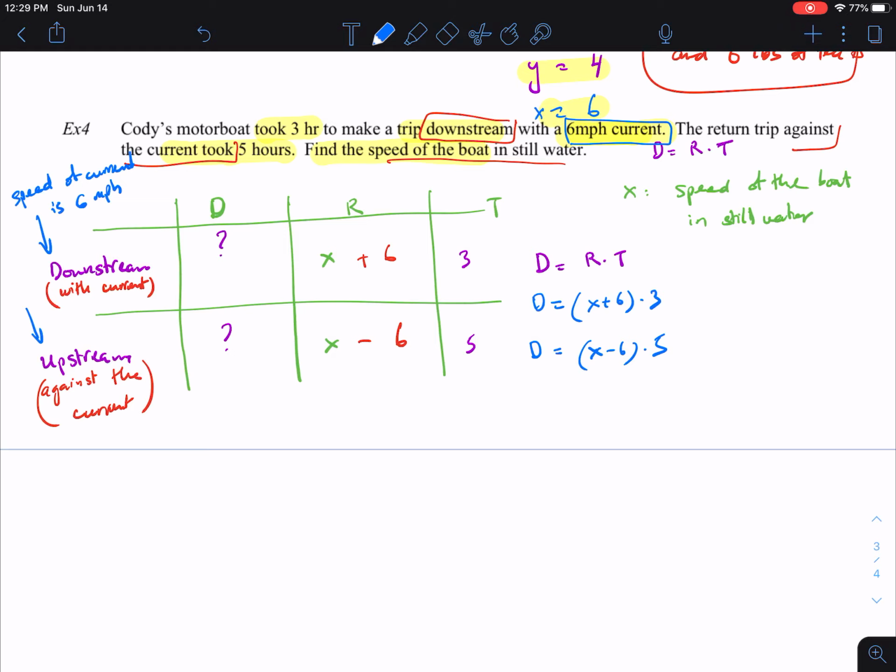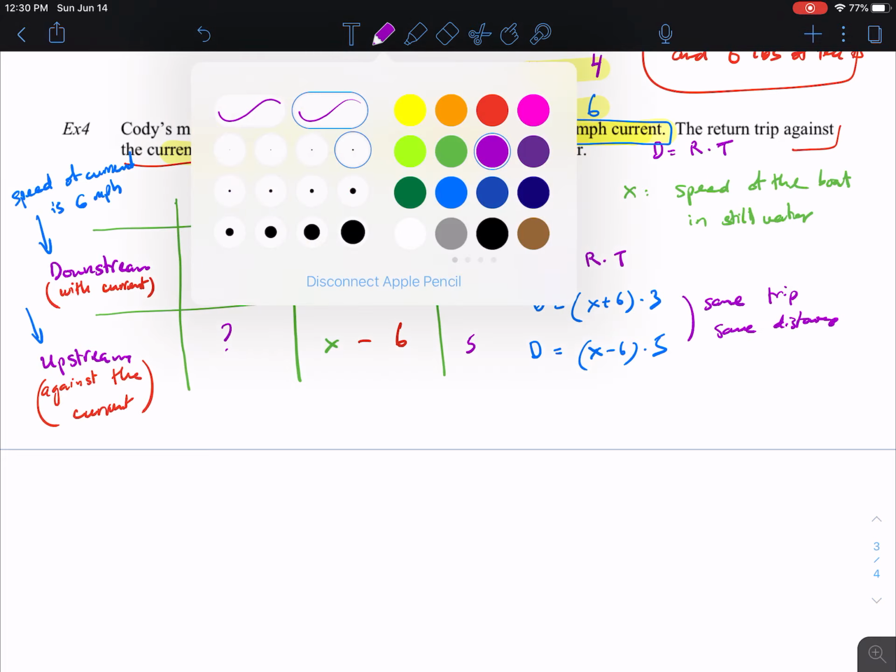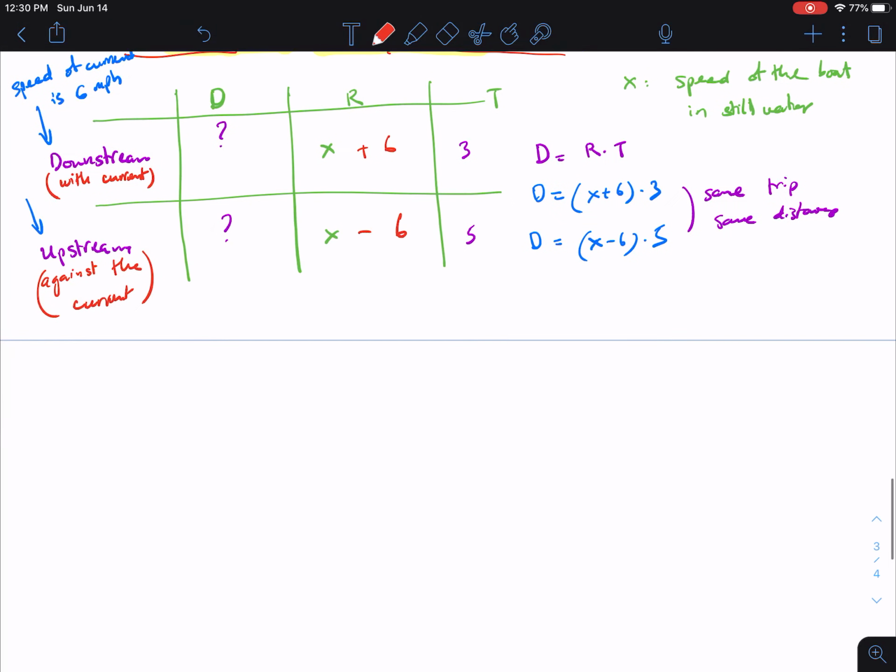Well, both of the trips are the same trip, so we can assume that the distance is the same. Same trip, same distance, equal distance. So we can set these two equations equal to each other because they're the same distance, right? So I'm going to say x plus 6 times 3 equals x minus 6 times 5. And I'm going to solve for x.